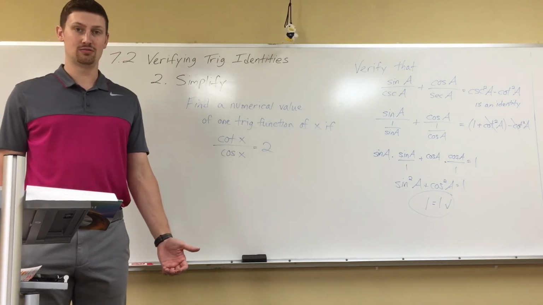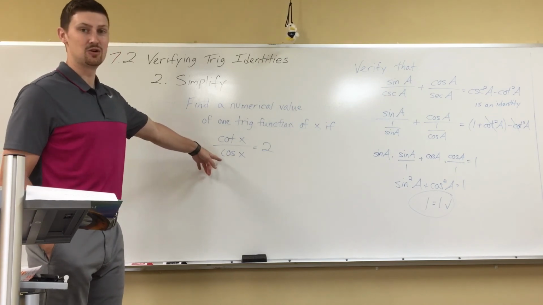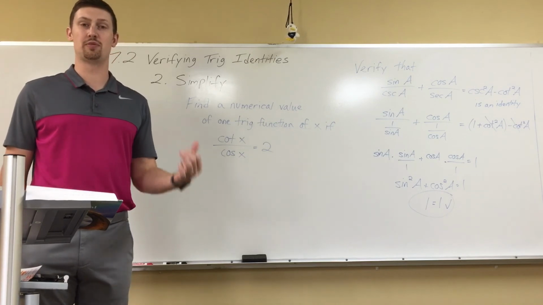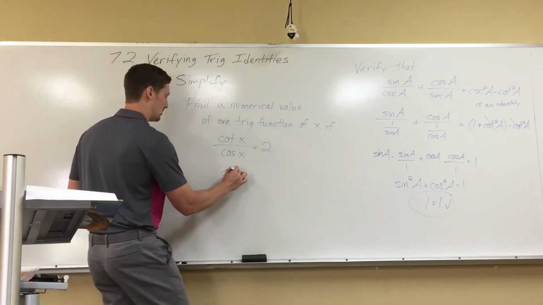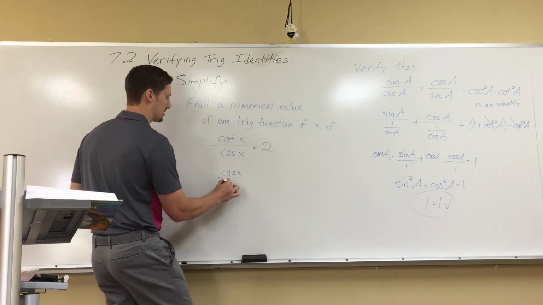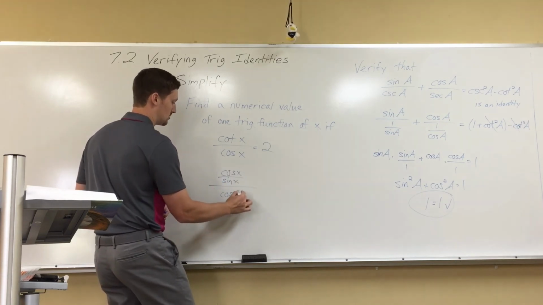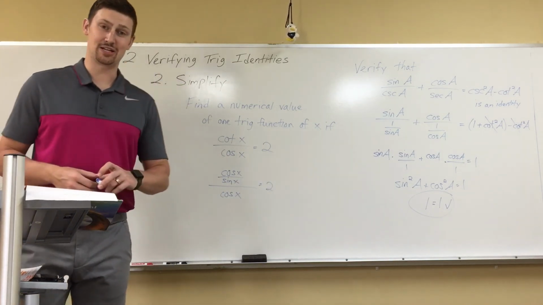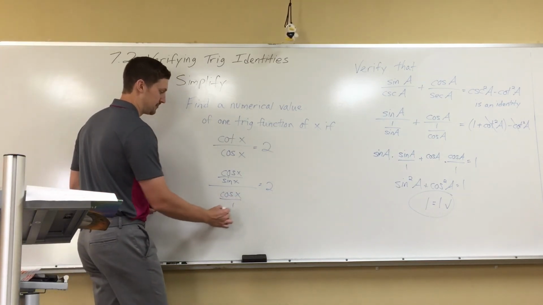All right, what should we do? Well, what can we simplify? Not cosine, we can simplify cotangent. A couple of different options. If we have cosine, we probably want to put it in terms of sine and cosine. What's cotangent of x? Cosine of x over sine of x is what cotangent equals. That's all over cosine of x equals 2. Fraction over fraction, flip and multiply. Think of this over 1, right?